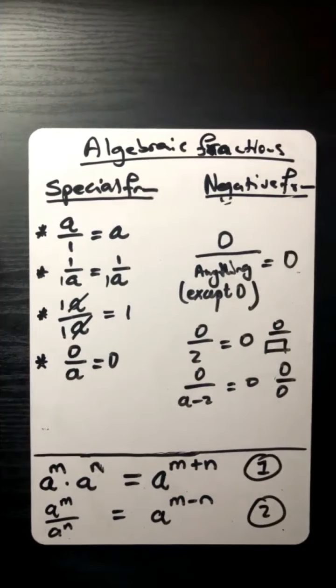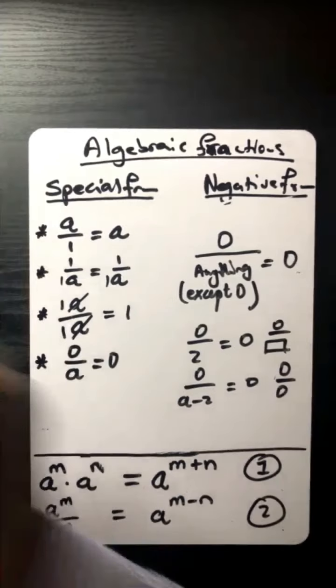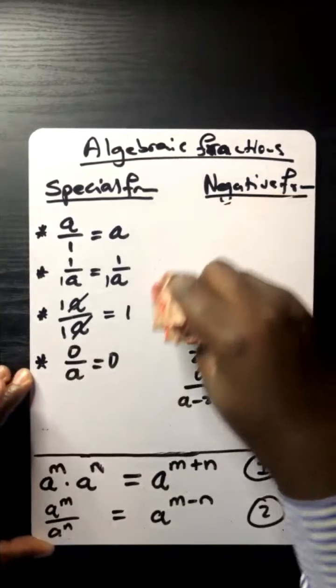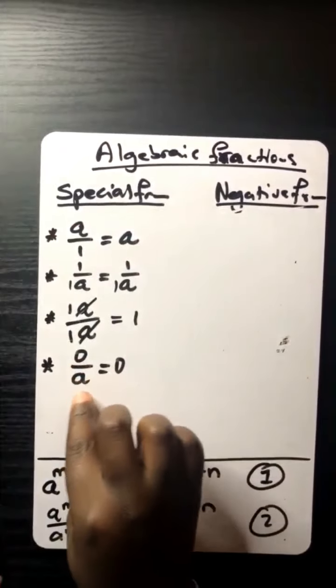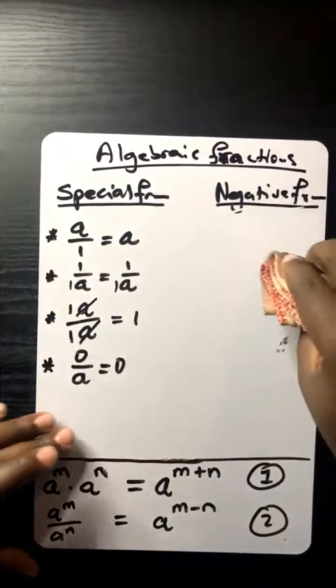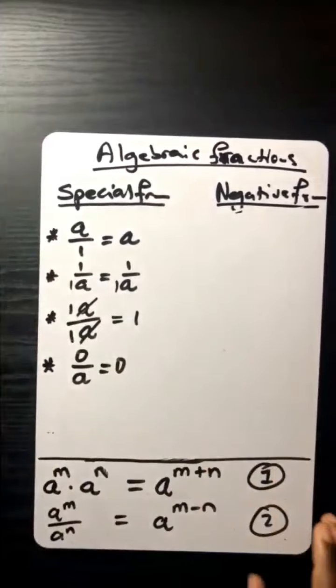I'm not sure if it's making sense, guys. Is it not confusing you, this explanation? No, sir. Okay, 100%. So that means you now understand why 0 divided by a is equals to 0.